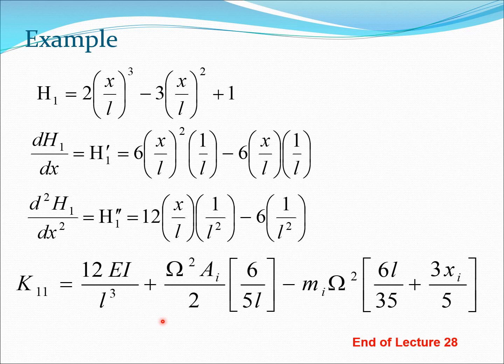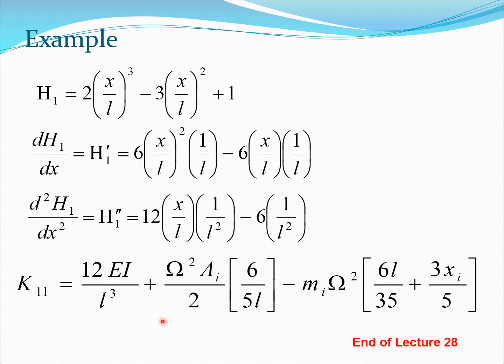So essentially the effect of the centrifugal stiffening is to increase the potential energy or the strain energy of the rotating beam. And that is why essentially it also causes the stiffness to go up with respect to the non-rotating beam. So that's a fundamental effect of the rotation speed on any kind of rotating device.